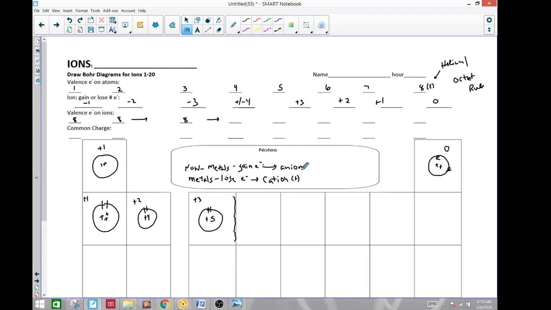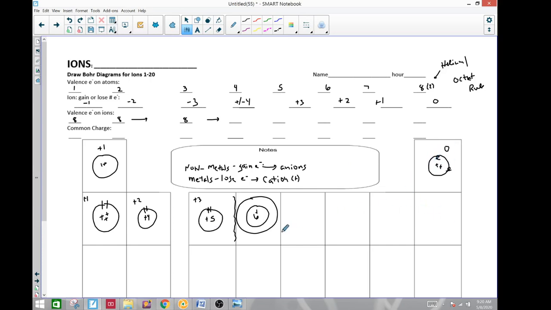Okay. And so we got 6 positives, but now we're gaining electrons to fill this shell. This one's full already, so we have to go to our second shell that we're filling. So these guys are losing electrons to go back to a previous energy level.